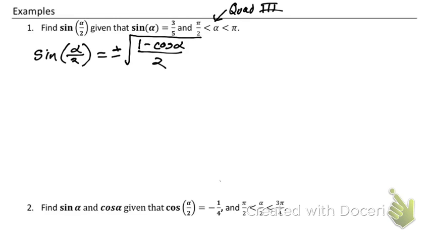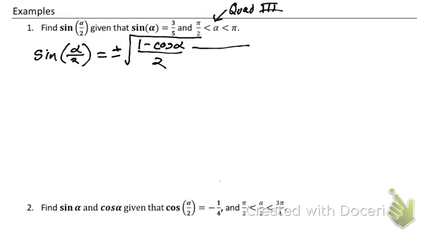Do I know what sine alpha over 2 equals? No. Do I know what cosine alpha equals? Not yet. Because we know what sine alpha equals. So I don't know what this is yet, but I can find this value, because if I know sine, I can easily get cosine.